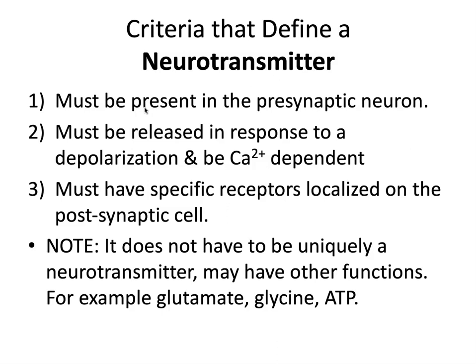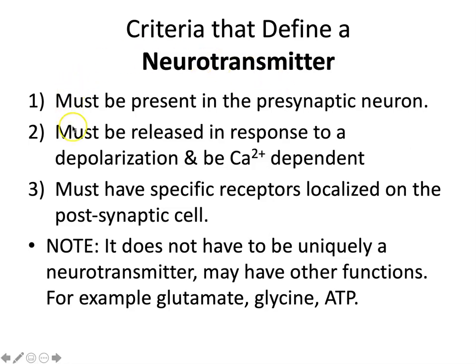So when you're doing your first pieces of research on a new neural system, a new neuron partner, presynaptic and postsynaptic partner, you would want to stain the presynaptic neuron using antibodies to determine what type of neurotransmitters are found at that particular synapse.